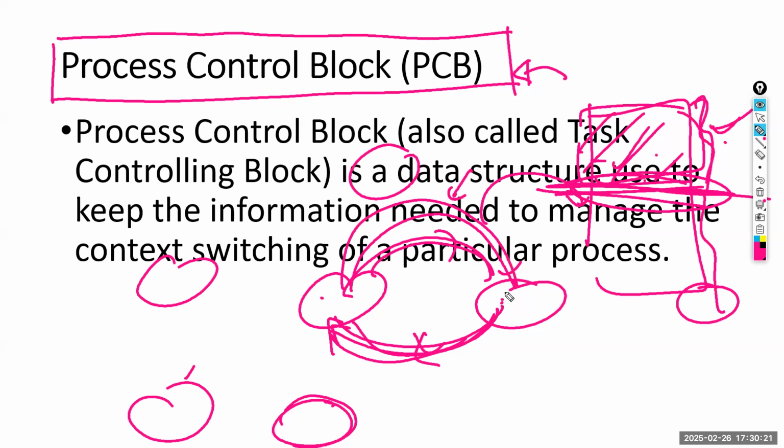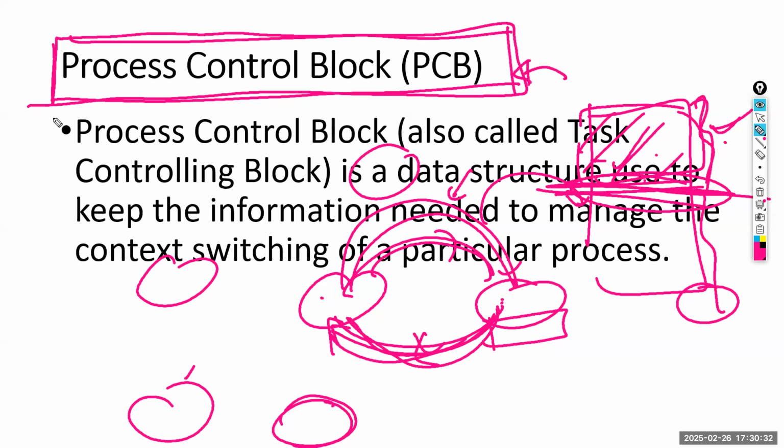Every time a program goes from running to ready, the current situation is written to a data structure called the process control block, and every running process has a PCB. If there are 25 processes running, there are 25 PCBs managed by the OS, and each PCB has the current situation.